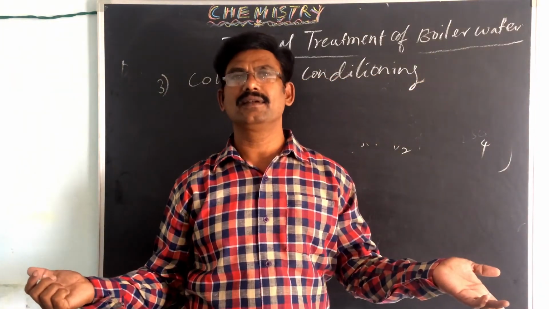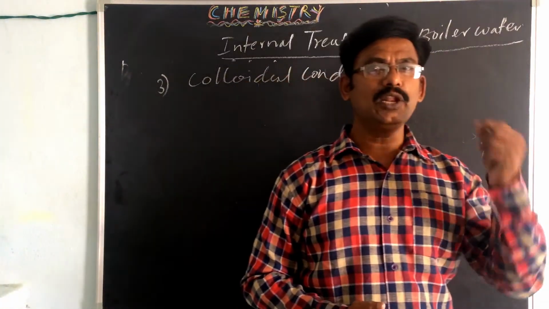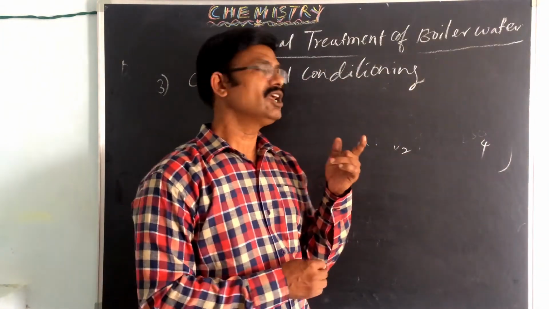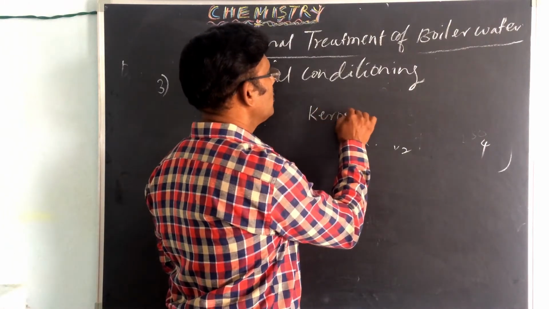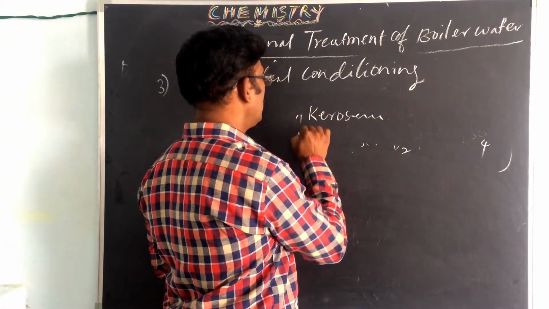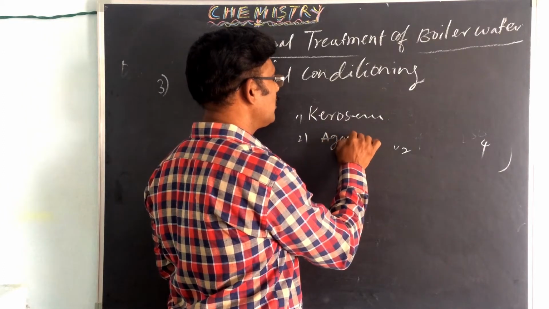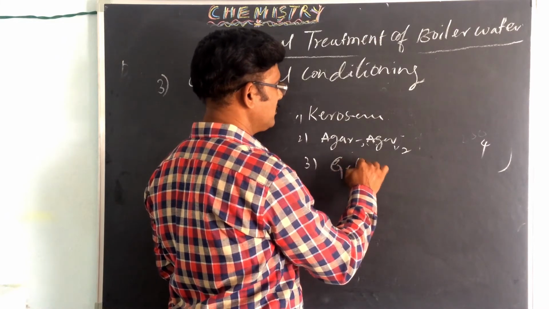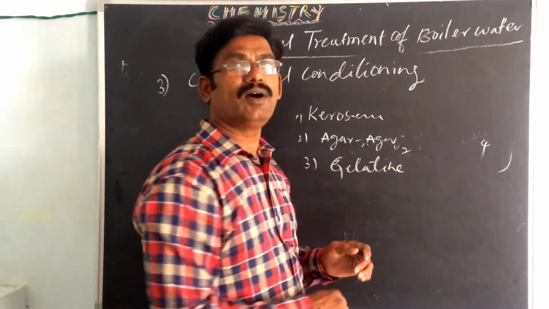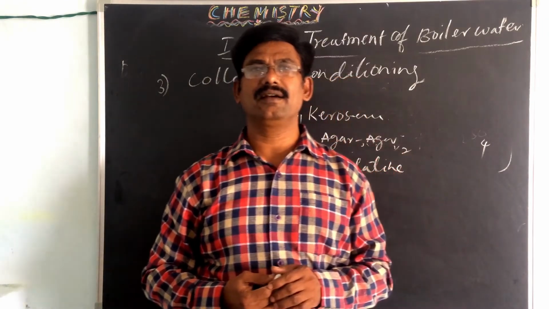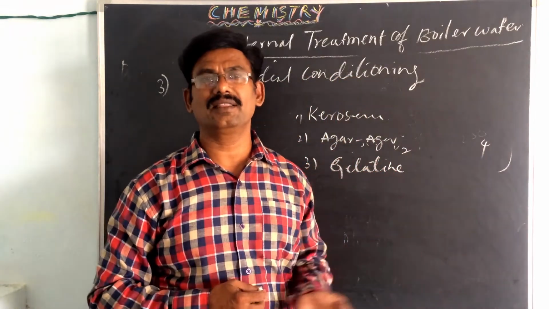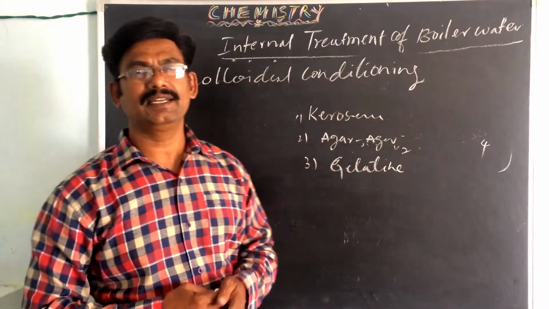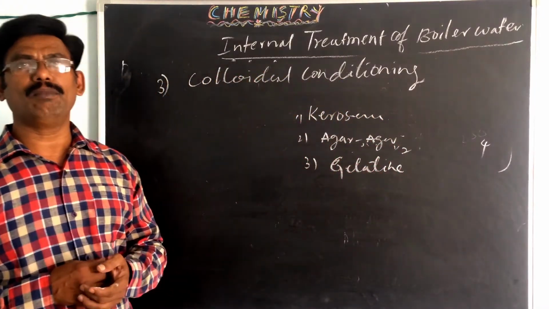We know colloidal substances like kerosene, agar-agar, and gelatin. These are of colloidal nature. Three are there. It is used in low pressure boilers.